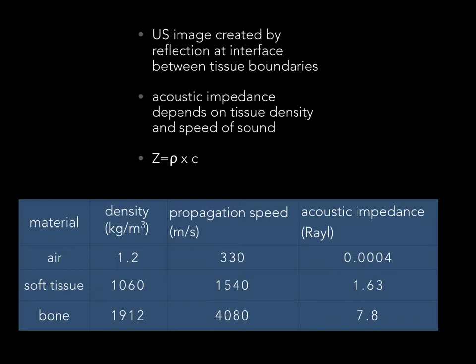This implies a very high acoustic impedance as well. The amount of ultrasound energy reflected is dependent upon the acoustic mismatch between the two media. The greater the acoustic mismatch, the greater the degree of reflection and the lesser the degree of transmission.